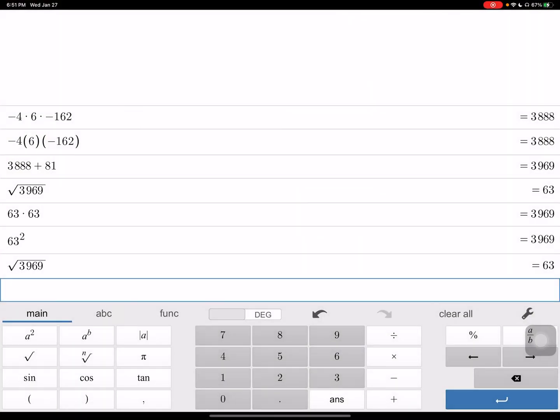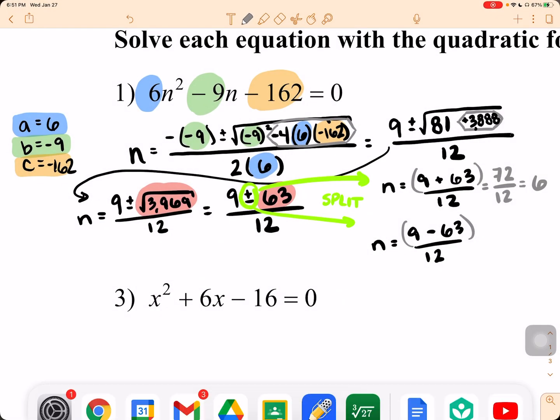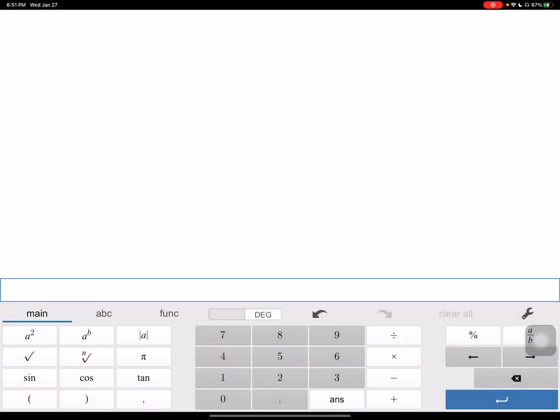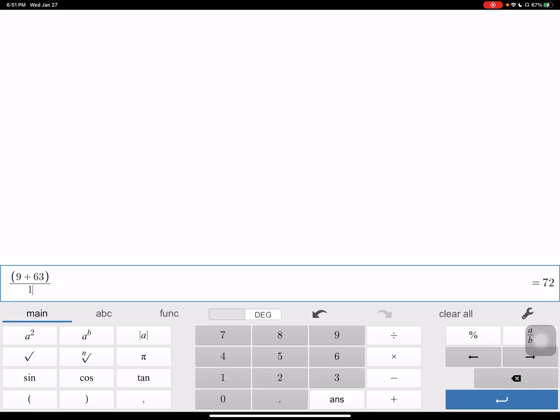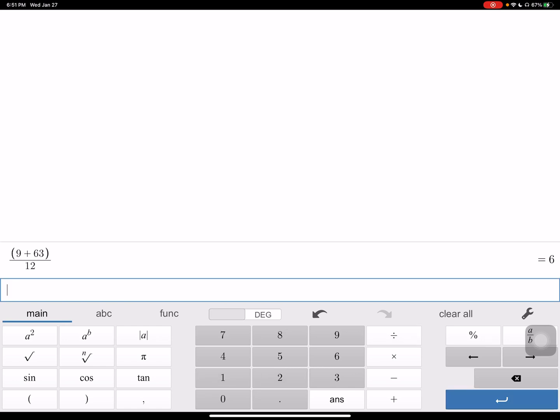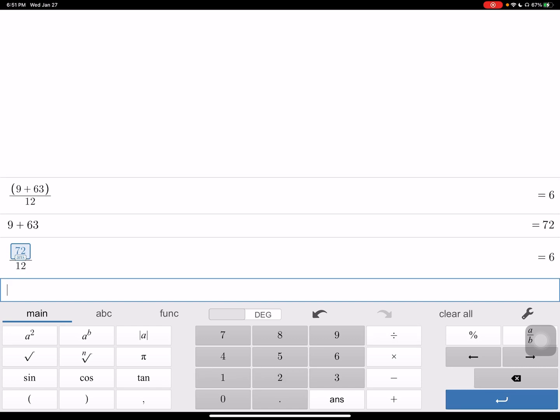Okay, so I'll show you how you can still get that without adding the top first. If we did 9 plus 63 in parentheses, and then divide by 12, you get 6. You could have also done 9 plus 63, gotten 72, and then done 72 divided by 12, you get 6.